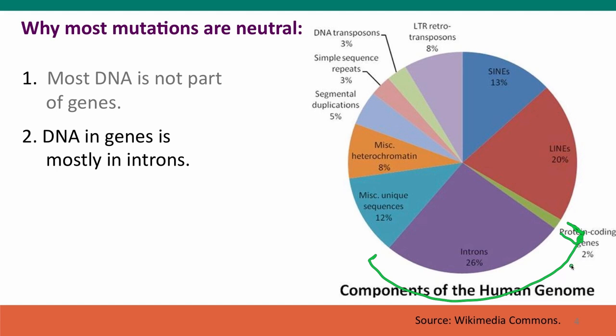You remember that introns are segments of sequence that are cut out of the RNA molecule after it's been transcribed from the DNA, and only the remaining coding sequences become part of the messenger RNA that's actually translated into proteins. So introns are also largely non-functional DNA, and that's where the bulk of the mutations that land in genes happen. They just, by random chance, most of them are in introns.